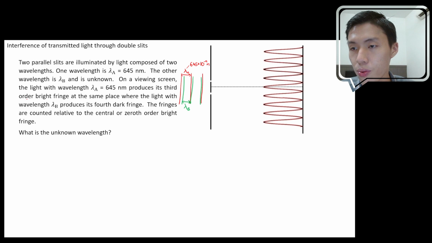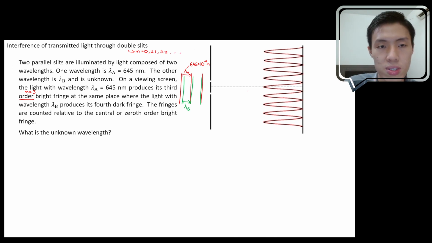When we talk about third order, the order means m, so in this case m is equal to 3. In the double slit interference experiment, m starts from 0, then plus minus 1, plus minus 2, and so on.